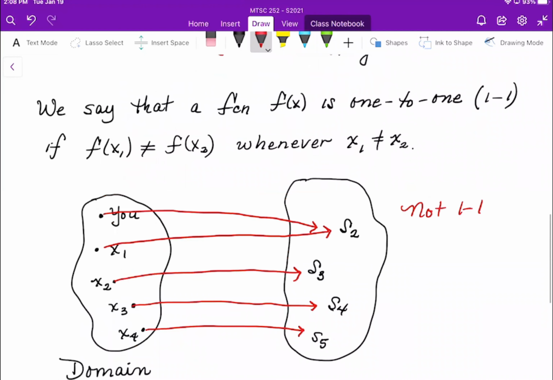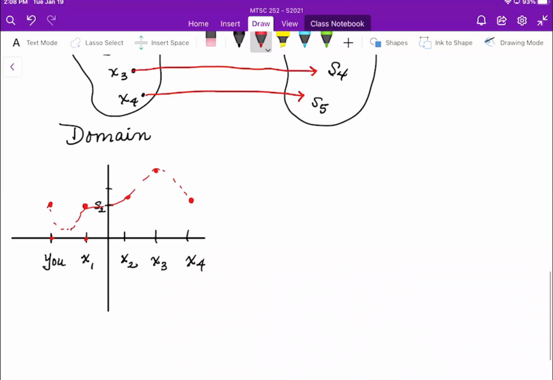What does this say? If the x1 and the x2 are not equal, then their function values are not equal. So since you and your friend are not the same person, you can't be getting the same pair of sneakers.